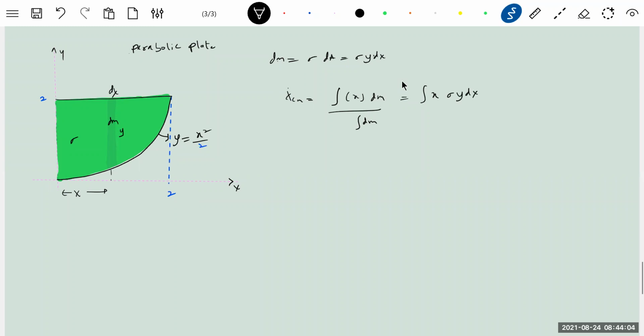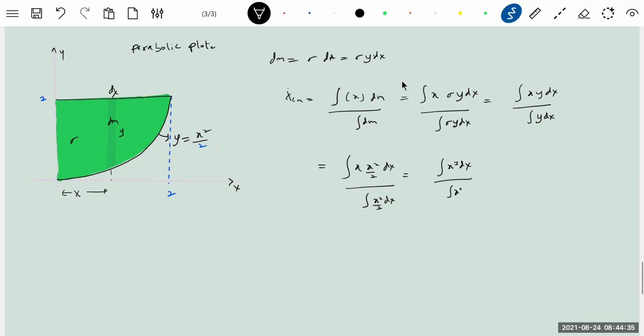Sigma y dx. Sigma gets eliminated. So x y dx, and y is x square by 2 dx. The 1 by 2 gets cancelled, so x cube dx, and the denominator will be x square dx.